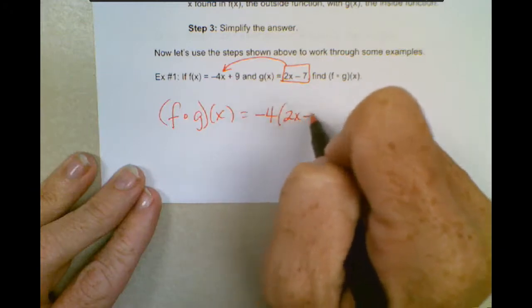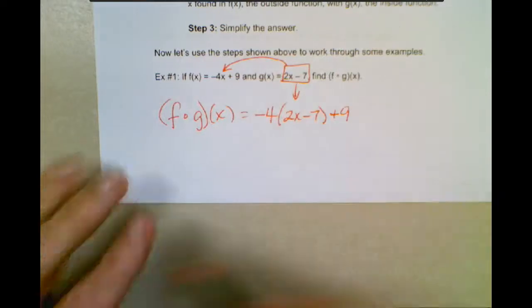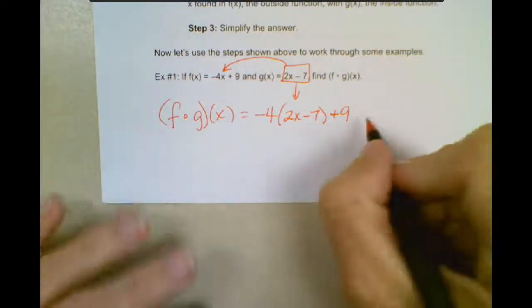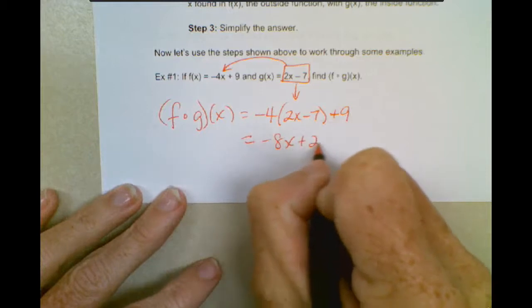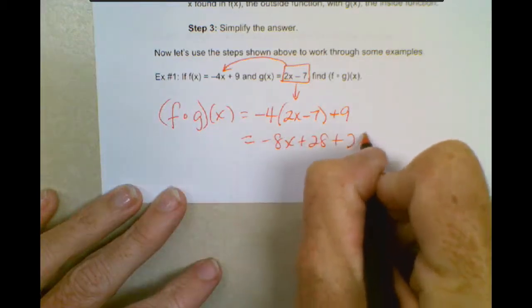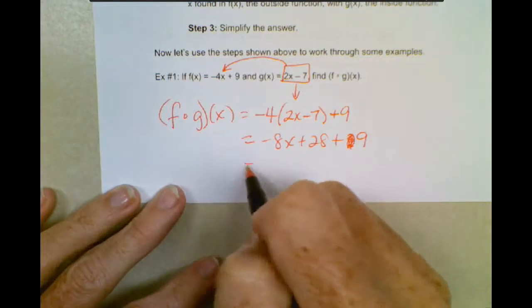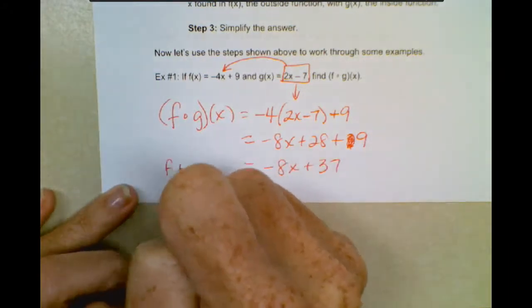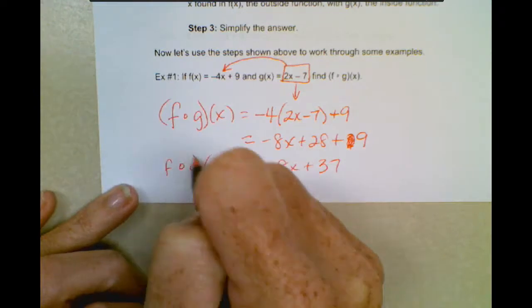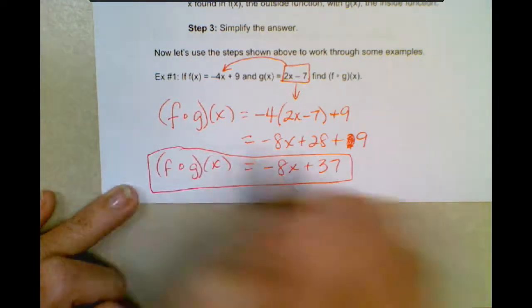So negative 4 times 2x minus 7 plus 9. So this amount is becoming the input. Then you just simplify. So you would get negative 8x plus 28 plus 9. So when you simplify that, you'll get negative 8x plus 37. So f of g of x equals negative 8x plus 37.